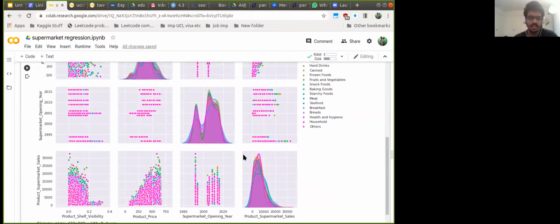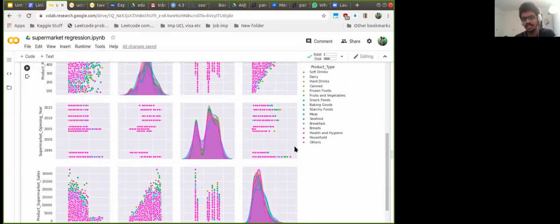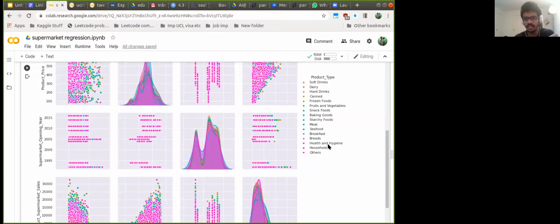So one example of how we could do feature engineering here is to have those manually clustered into one. Let's say I am clustering soft drinks and health and hygiene and household. I just have a simple binary feature that says whether or not they belong to that category: one for that and zero for that.